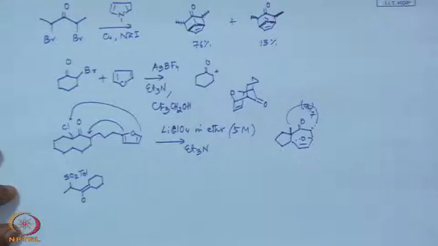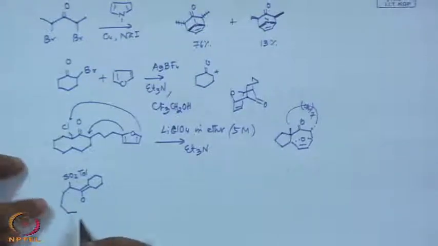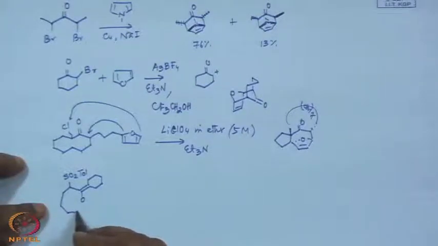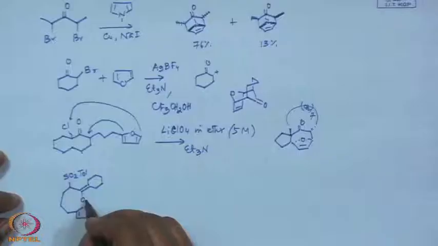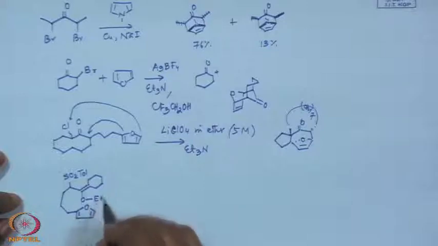In this particular example you have a cyclohexane unit, then 3 different carbons, then again a furan unit, and this one is ethyl now.